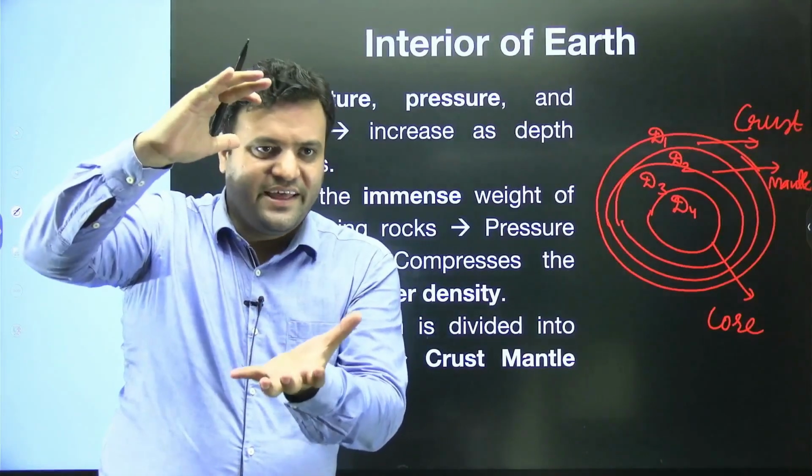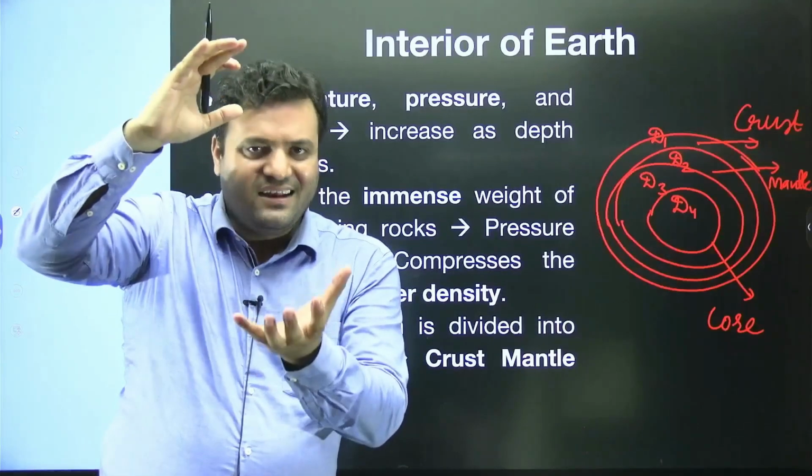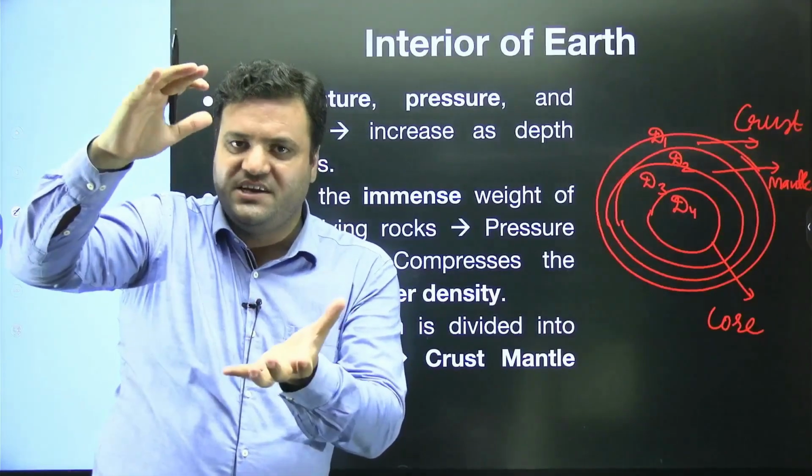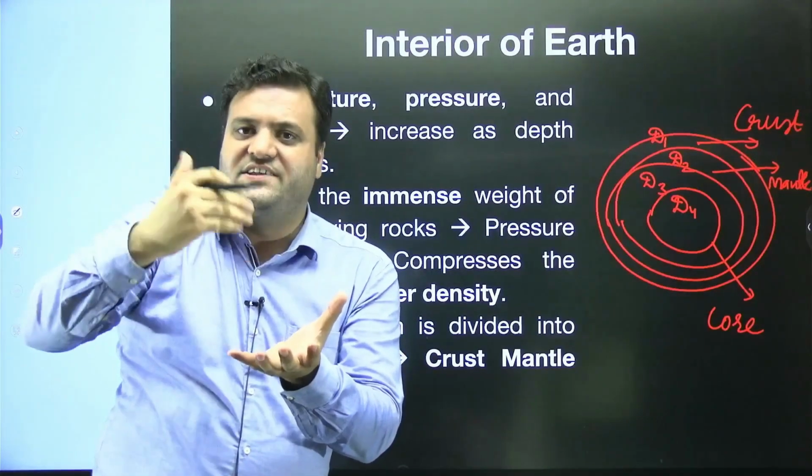So our Earth is like a rocky ball, and in that ball we have different densities. From the surface towards the center, density will increase.